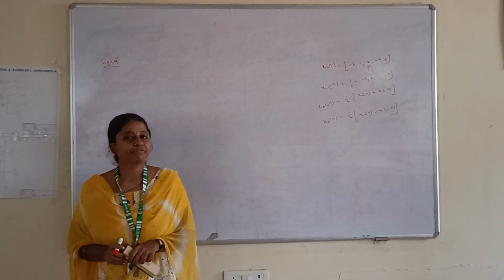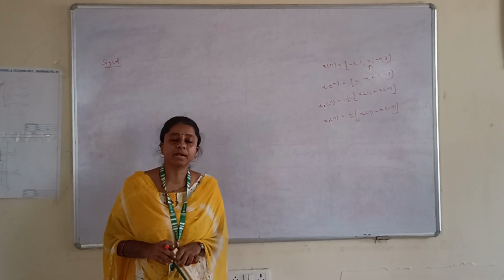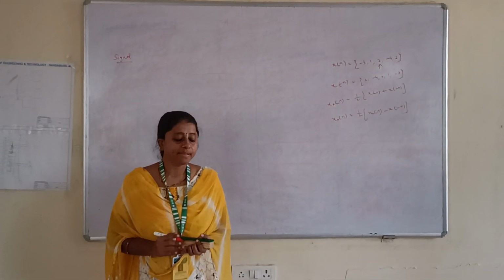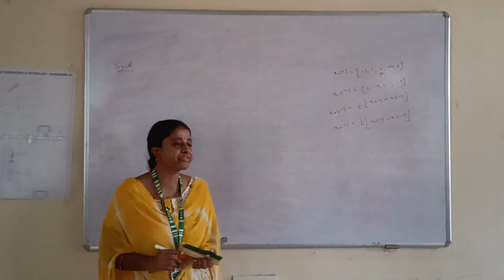So how many types of signals are classified here? There are three types of signals: continuous signals, discrete signals and digital signals. Let us see the first two signals here. What are continuous signals and discrete signals?